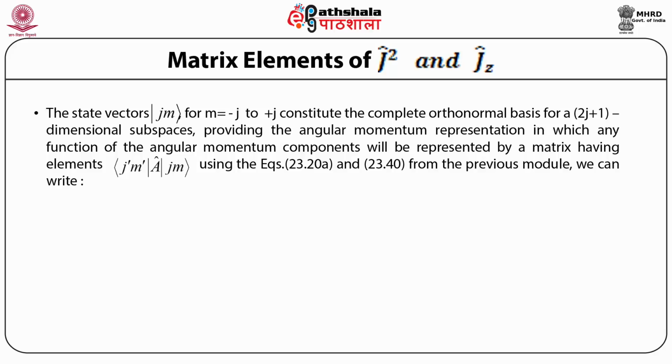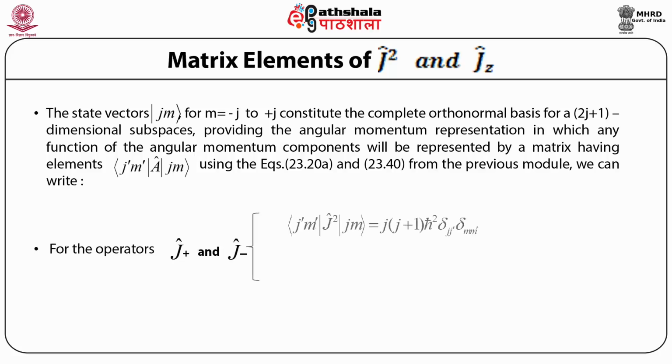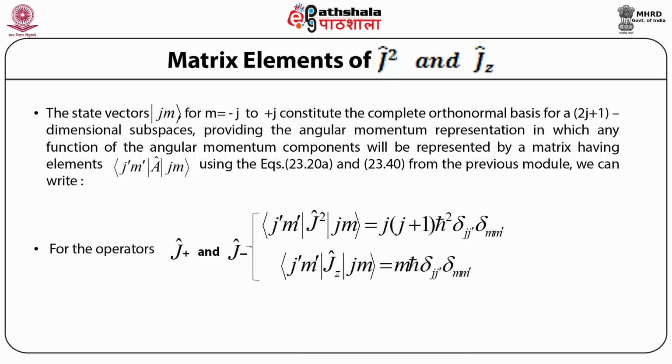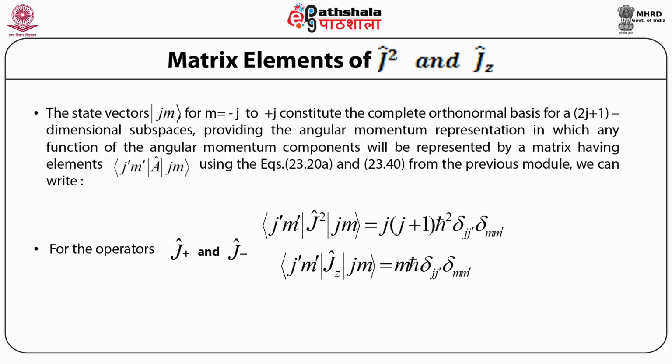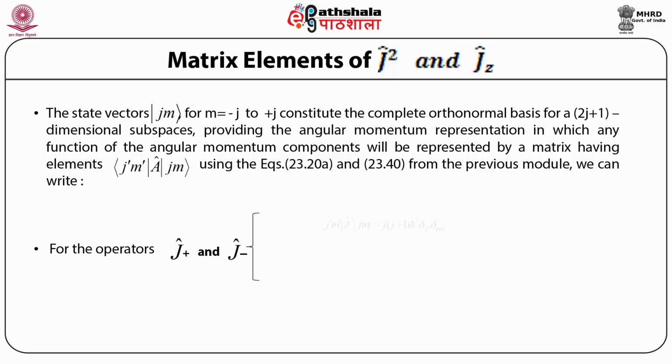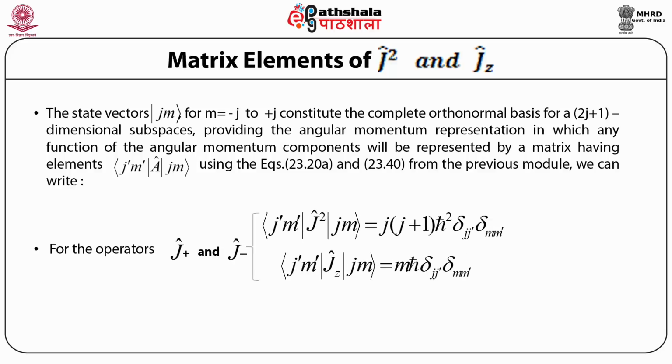If we solve this, then for the operator J square we get bra vector J prime M prime, operator J square acting on ket vector Jm, and this turns out to be equal to J into within brackets J plus 1 into h cross square delta J J prime delta M M prime.